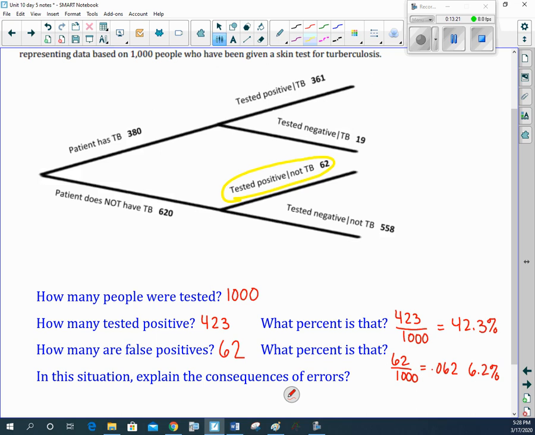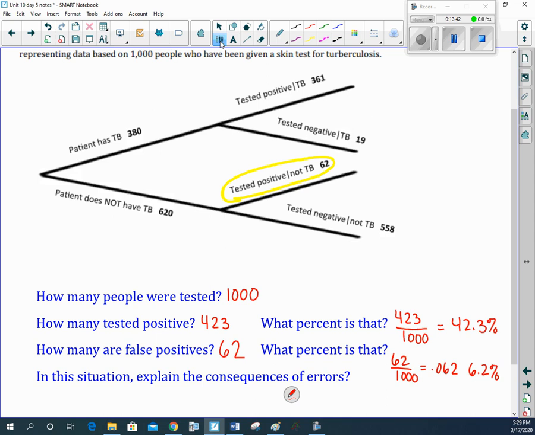So that would be pretty good to get. If you tested positive in any scenario, you would want to make sure that you really had whatever they said you had. Even sometimes if you test negative, even if that's what you want to have happen, you might want to get a second test because they can have false negatives as well as false positives.